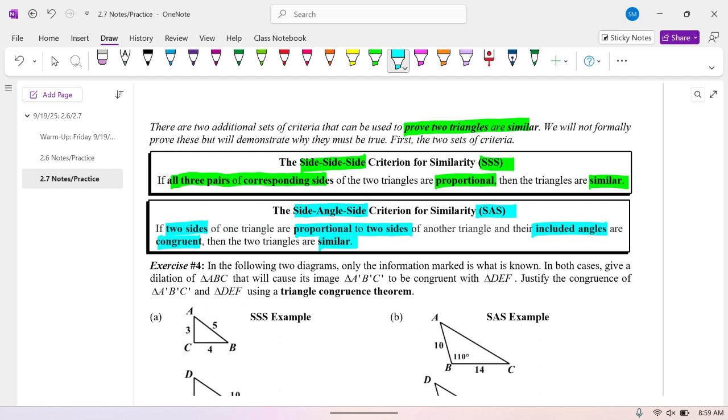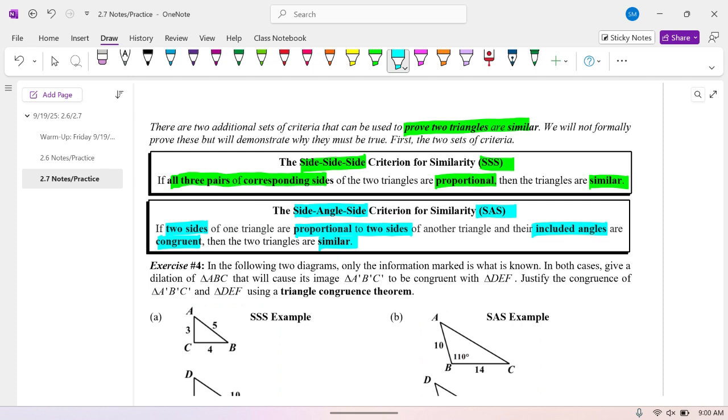So they have the same scale factor, they have to be similar. All right. Whereas side angle side, same thing with the 2 sides, makes sense that they're similar. But then the angle in the middle means that not only are those two sides proportional, but they form the same angle. Which means that the rest of the triangle would follow suit.